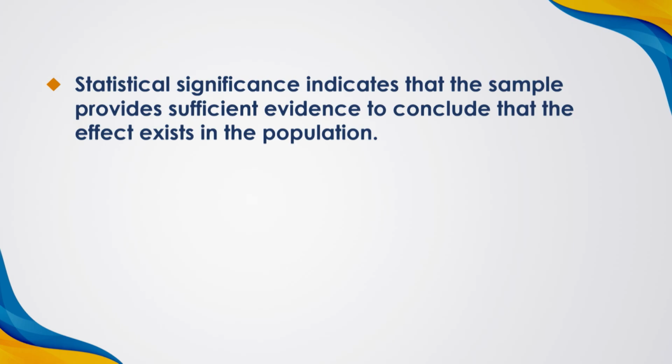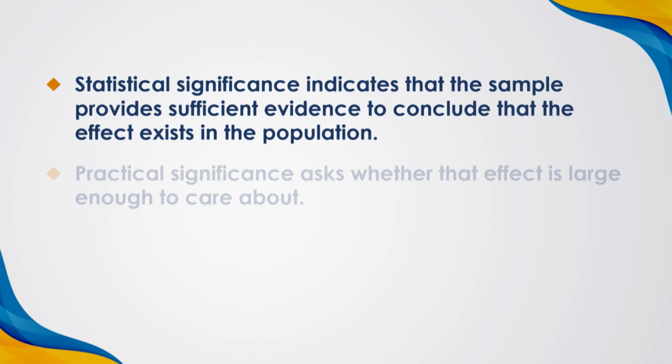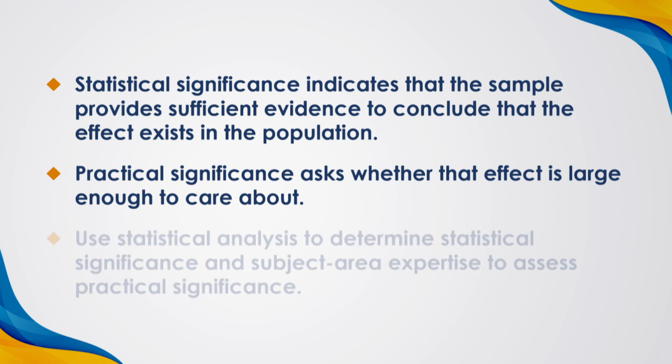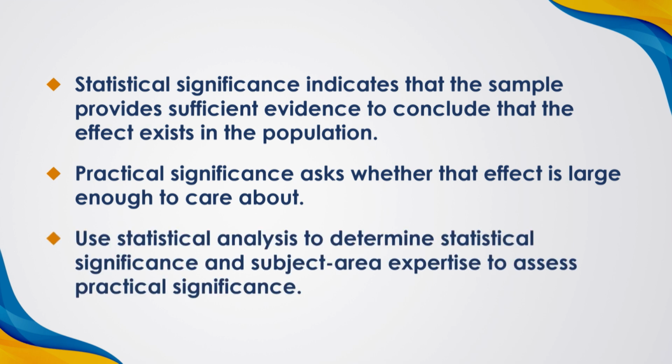Statistical significance indicates that the sample provides sufficient evidence to conclude that the effect exists in the population. However, practical significance asks whether that effect is large enough to care about. Use statistical analysis to determine statistical significance and subject area expertise to assess practical significance.